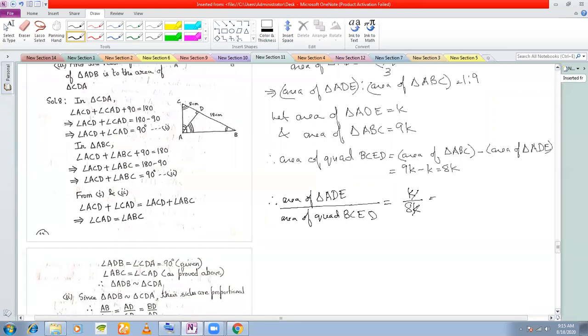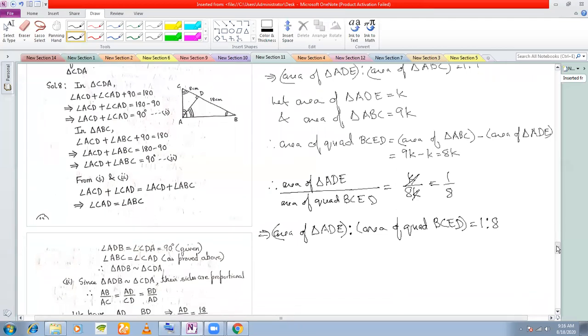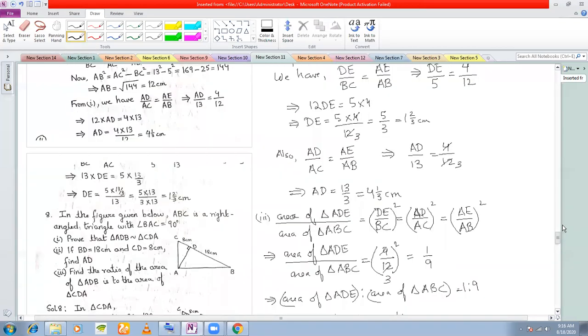So the K cancels, and you're getting this ratio as 1:8. So write it in ratio form, because in the question they have given ratio form. So let us write it as 1:8. Okay. So this completes all the parts of this question.